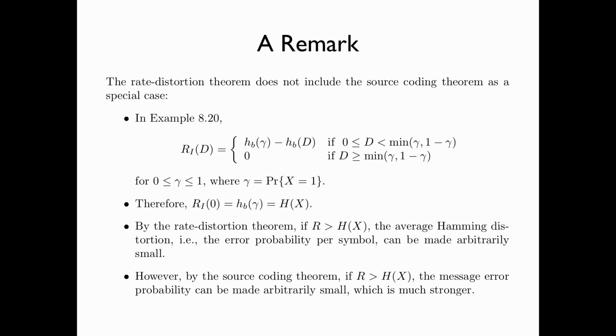The reason is that in decoding the message, if one symbol is decoded incorrectly, then the whole message is decoded incorrectly. In other words, the error probability per symbol being small does not imply that the message error probability is small. On the other hand, if the message error probability is small, then the error probability per symbol must be small.